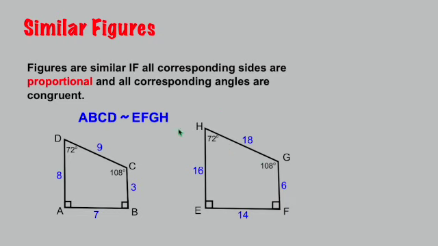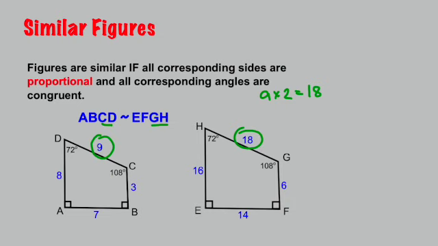Proportional merely means this. If you take, for instance, this side up here, CD, the side that corresponds to that, you'll notice CD are the last two letters in ABCD. The last two letters over here are GH. If I locate GH right over here, you'll notice that if you take 9 and multiply it by 2, that makes 18.